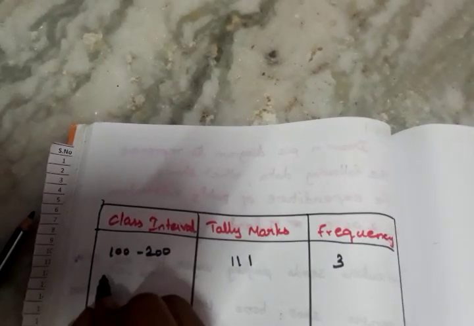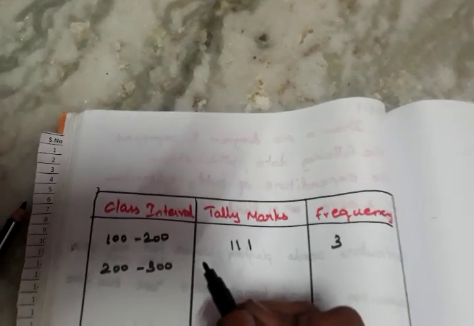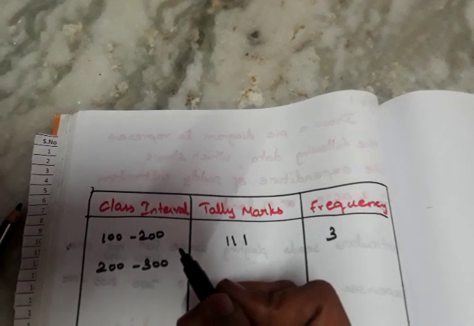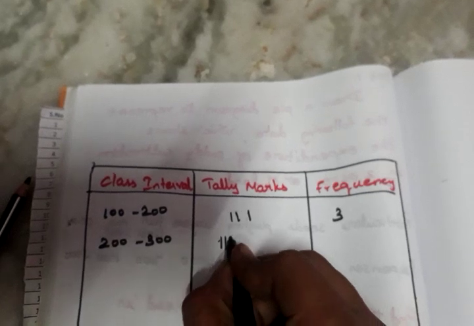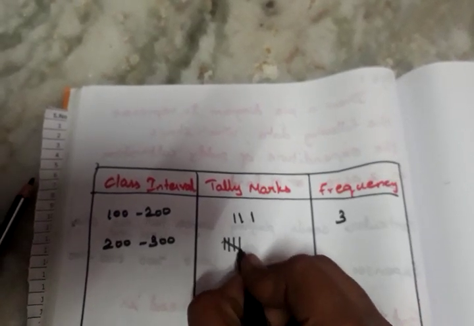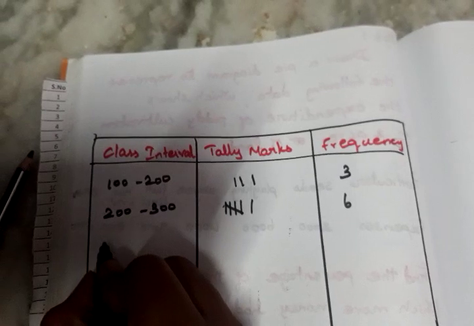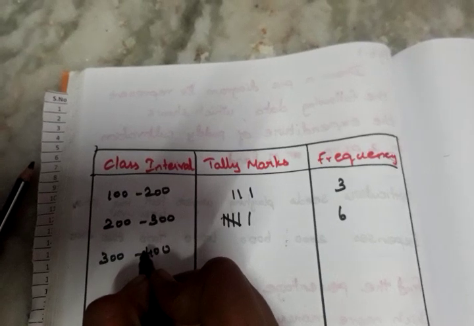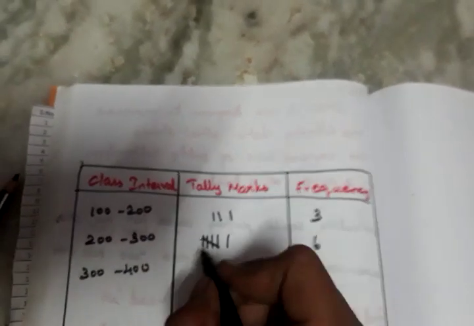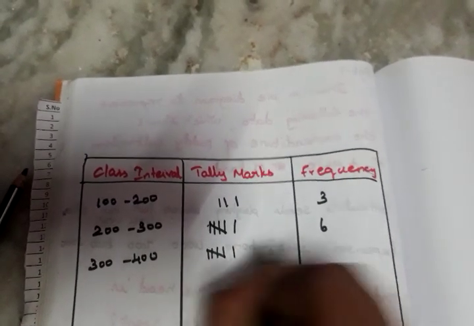200 to 300. How many? 1, 2, 3, 4, strike out 5. The next continuous 6. So there are 6. Then next 300 to 400. How many of them? 1, 2, 3, 4, 5, then next 6.